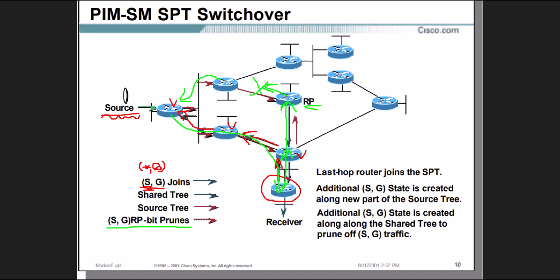And this way we have the most possibly efficient path for this traffic flowing from the source first hop router towards the receiver last hop router directly.